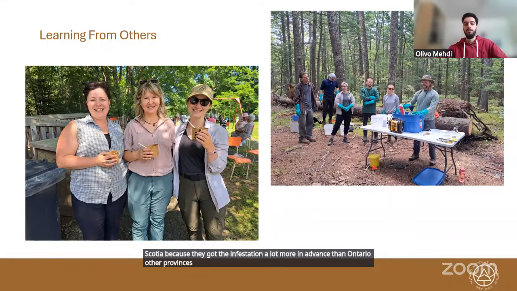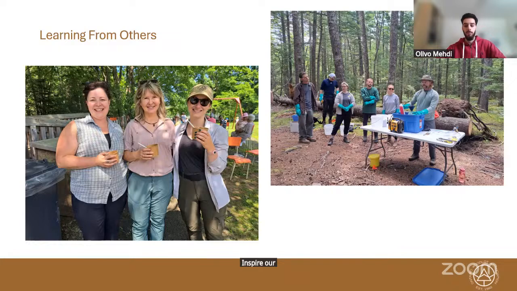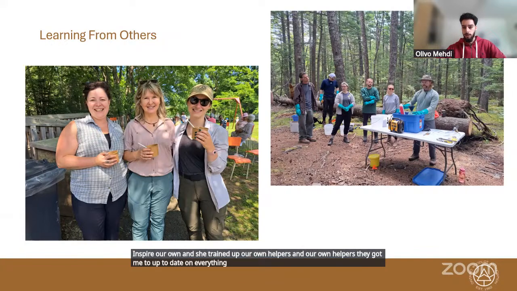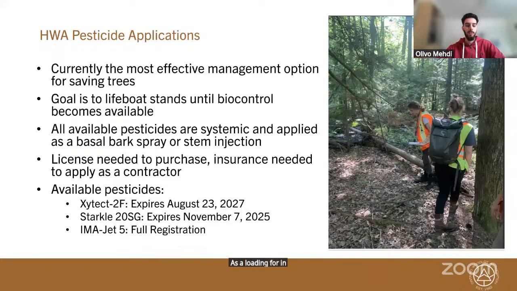She's really developed her own methods and her own training, and it's what we used to inspire our own. And she trained up our own helpers, and they got me up to date on everything and brought really useful information. So there on the right, you can see some of the equipment they're using as a loading for injection, but we'll get into that as well.